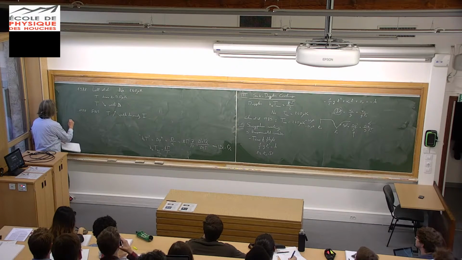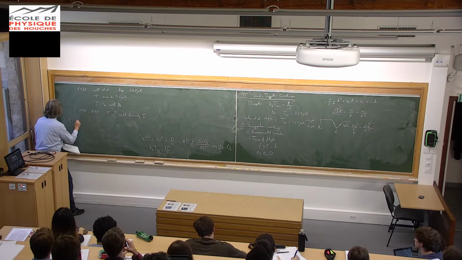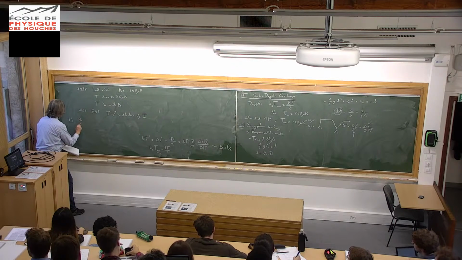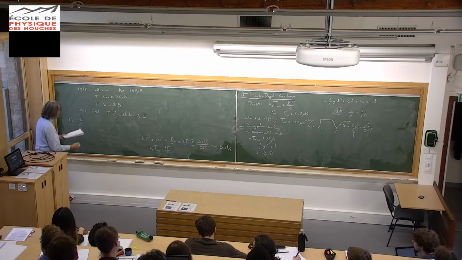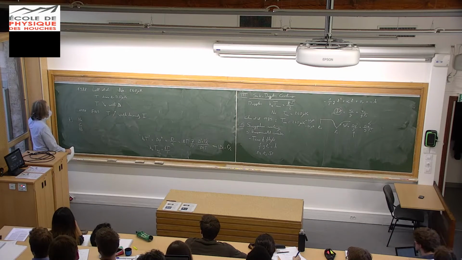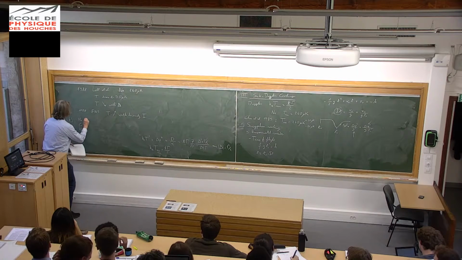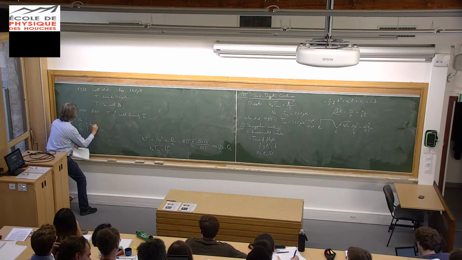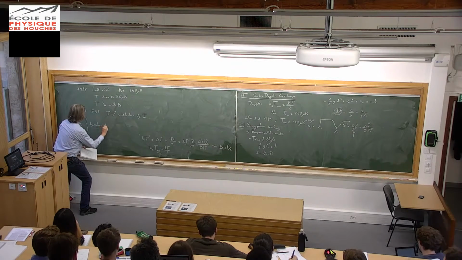And in fact, the problem comes from the fact that what we have to consider here is sodium, cesium, rubidium, and all these alkali atoms have a very rich hyperfine structure.